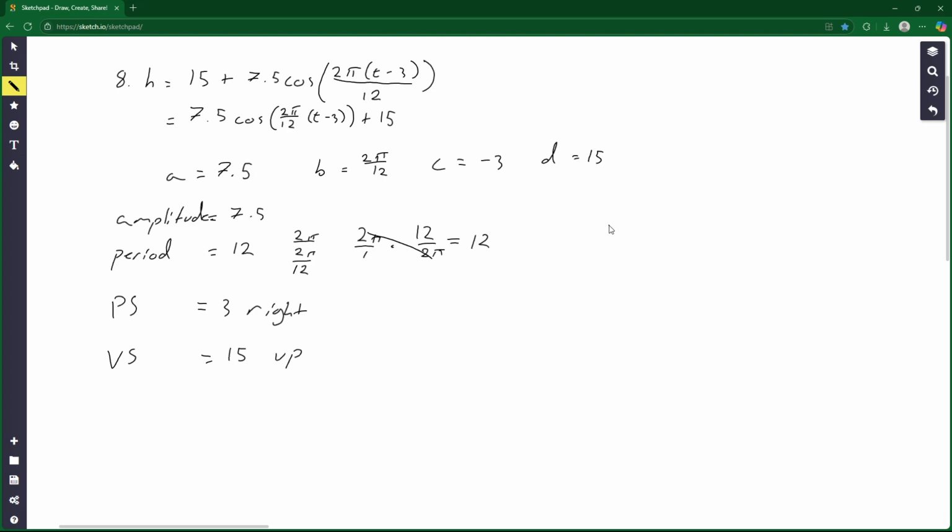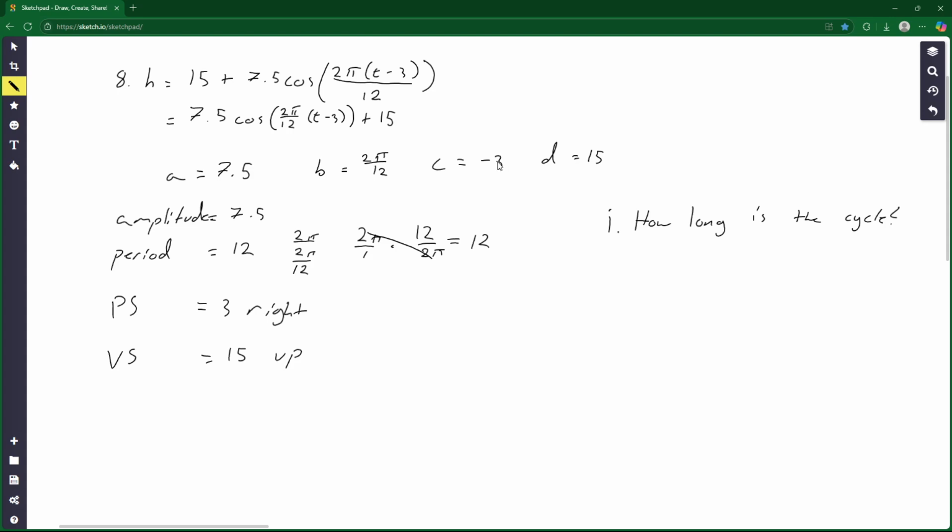So let's go ahead and write down our parts. Part 1 is going to be part A on your sheets. How long is the cycle? So that would be 12, or by itself it would be 12 since our period is 12. However, we have to add on the 7.5. Nope, I am wrong. We do not need to add on that 7.5.